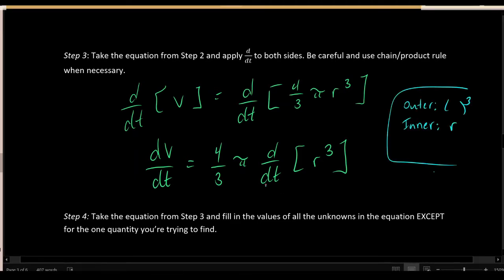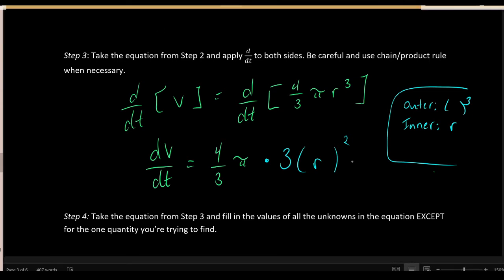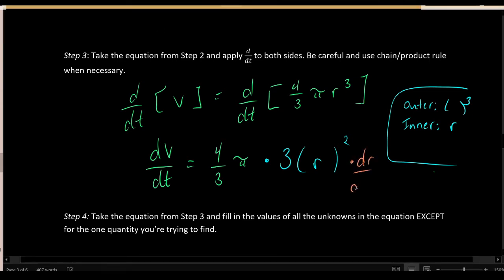So if I wanted to find this derivative, what I would write is the derivative of the outer function, which is 3 blank squared. I would fill the blank with the inner function, and then I would multiply that by the derivative of the inner function. In this case, dr/dt.